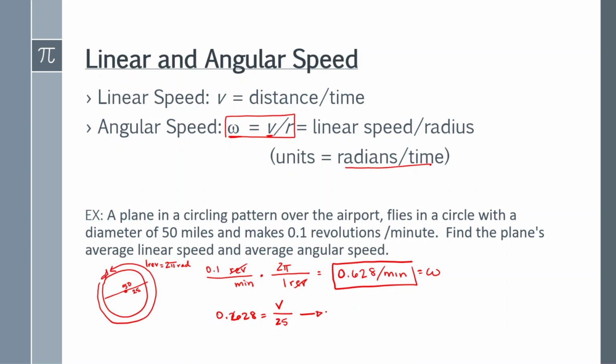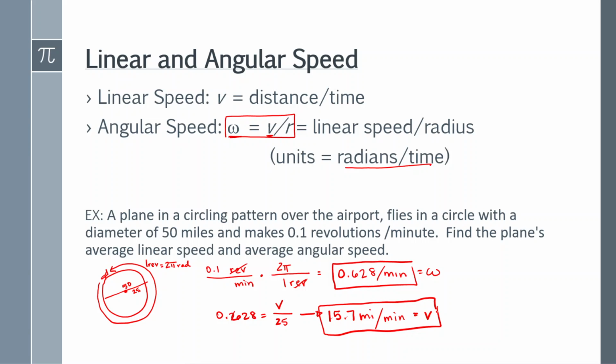That means the linear speed of the plane is going to be 0.628 times 25, and that gives us 15.7. The 25 is in miles, and we are in minutes on our time. And so this would be our linear speed.